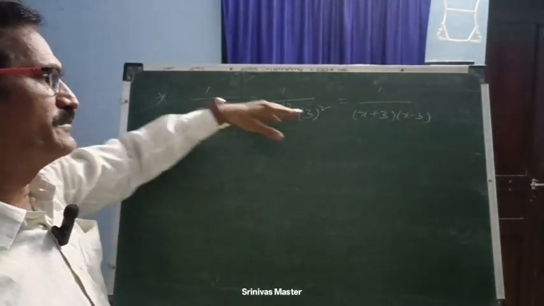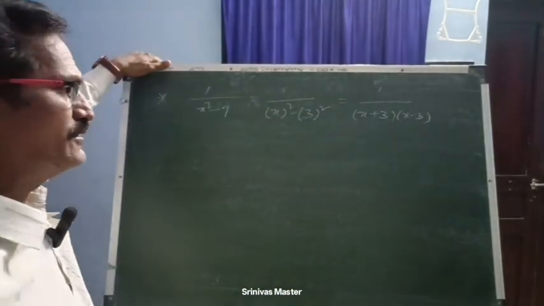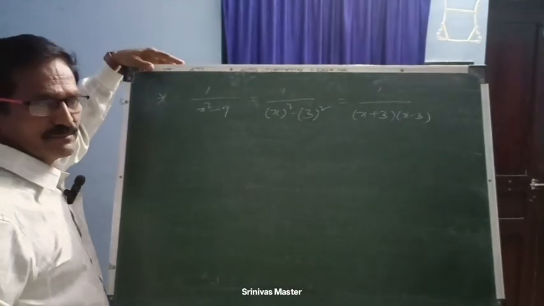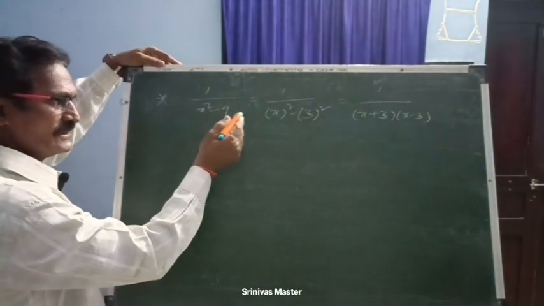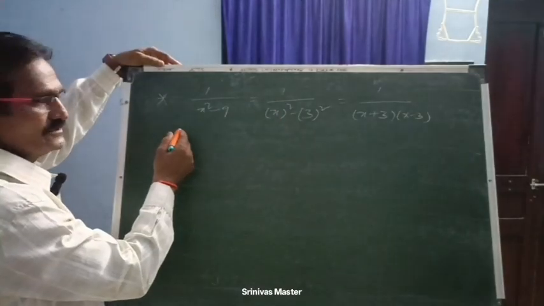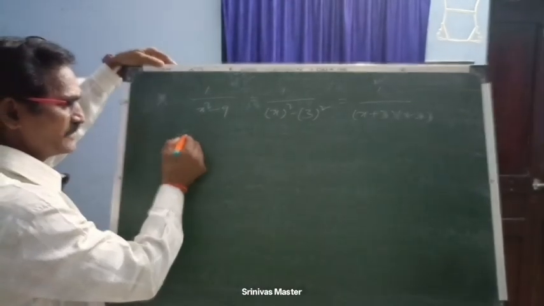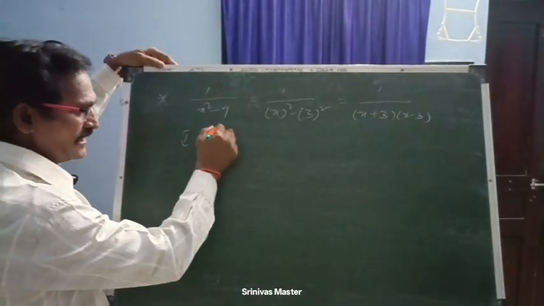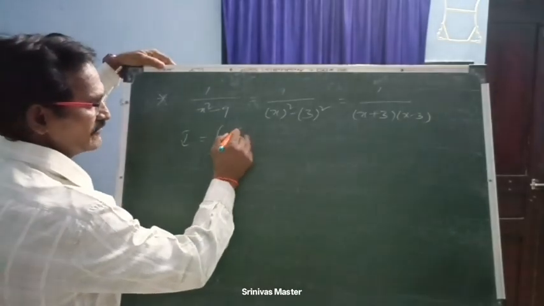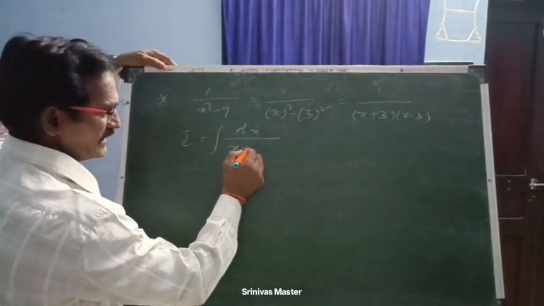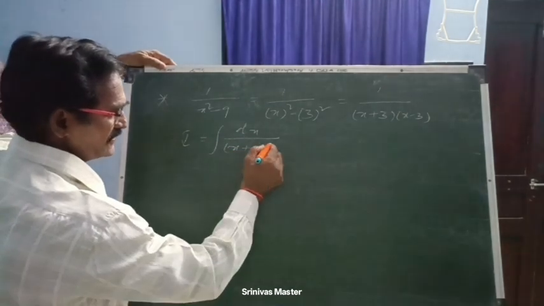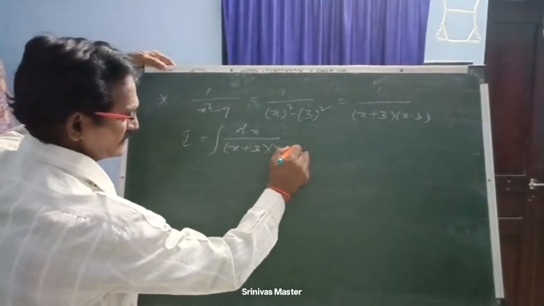Okay. Now from this onwards, the same process I told you before we can apply. Okay, children, that means we have to find the integration of that part. Integration is represented by I, so I is equal to integrate 1, which means 1 into dx, integrate dx by x plus 3 into x minus 3.